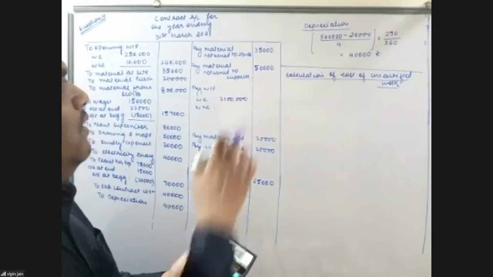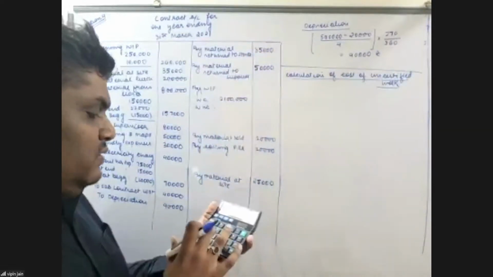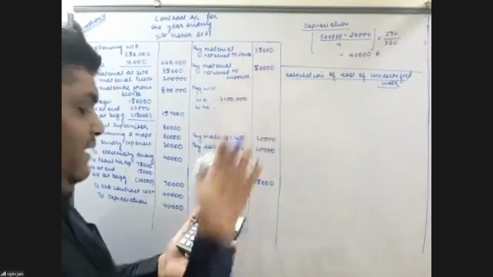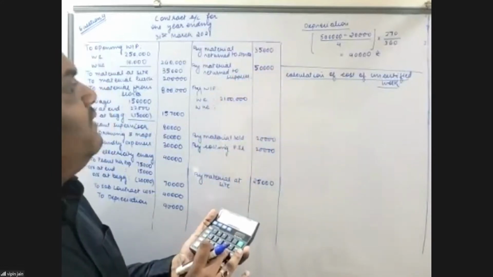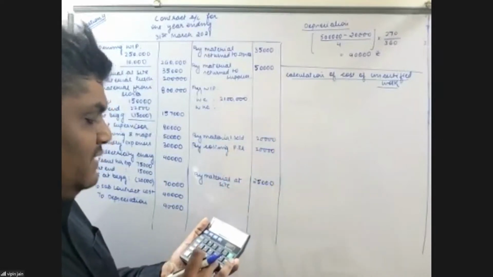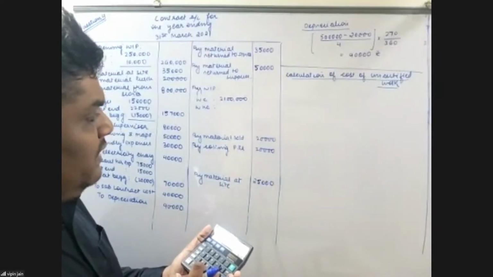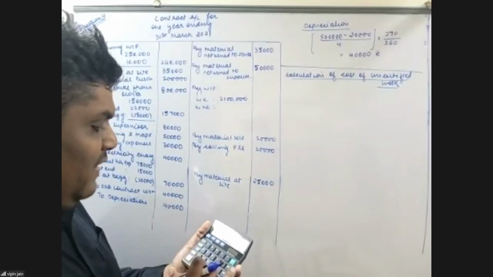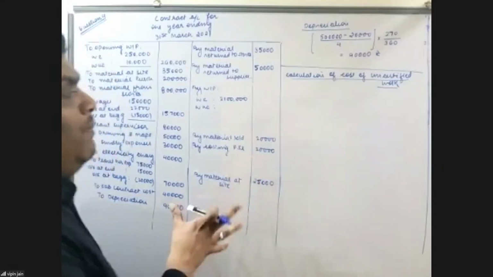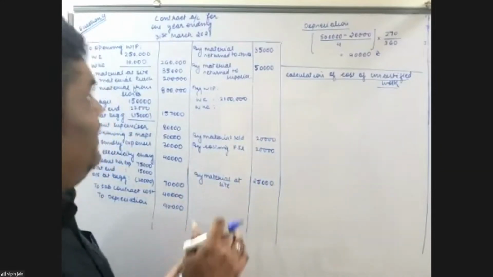Minus the material that is returned. So minus 35,000, minus material returned to supplier is 50,000, minus the material that is sold is 40,000, and 25,000 is the material that is still at site. So how much is the net cost that is incurred till date?